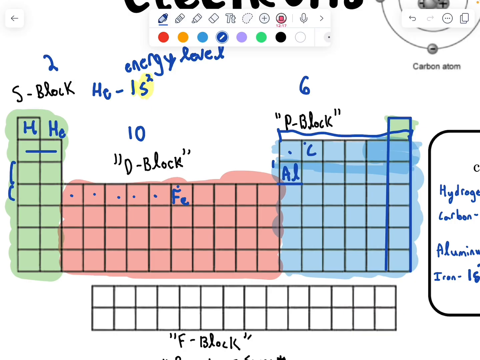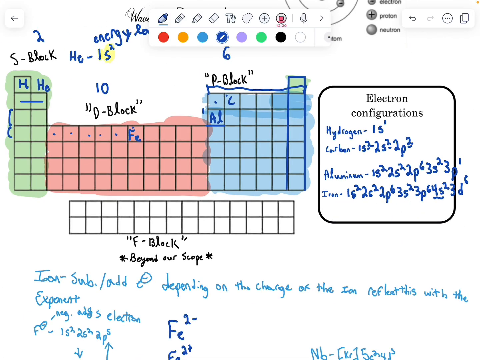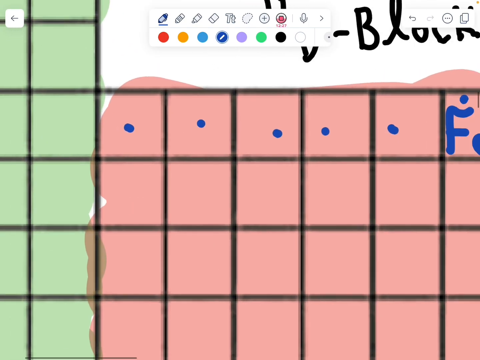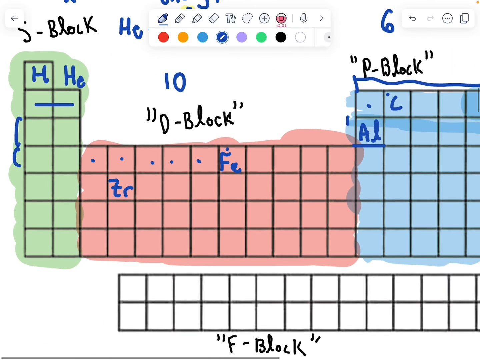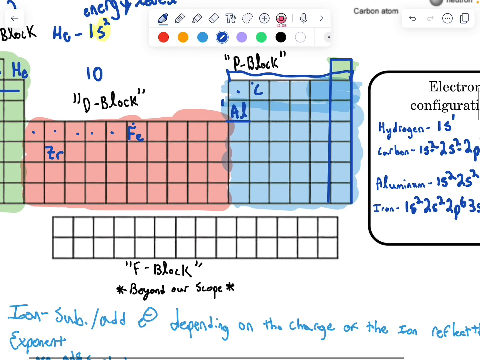If I said to write zirconium, which is pretty far down, it's right here on the periodic table, instead of going all the way through these 5 energy levels, we can just say, okay, well, we know that the 4th noble gas down is krypton. So this is krypton right here.